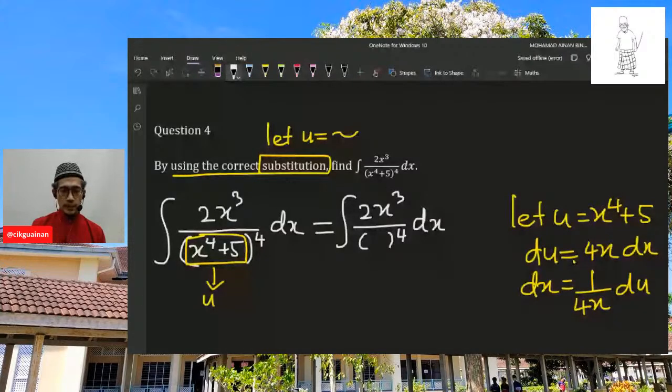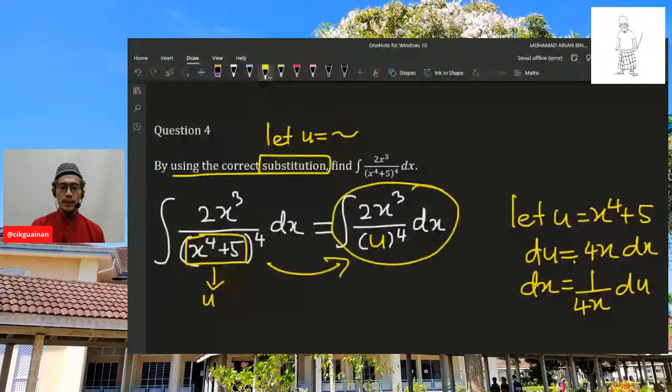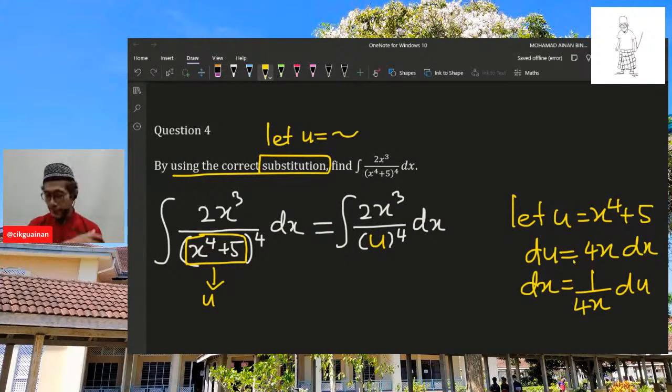If possible, we make sure everything is in terms of u, with no x's left. Get rid of the memory of your x's from your mind. Now, we already replaced u over here. Next, what to replace?